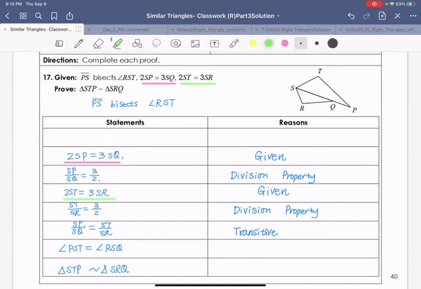So in this way, we start with the first given condition. Very good. You can read and say the reasons, please. PS bisects RST because given. And then that's the first condition.